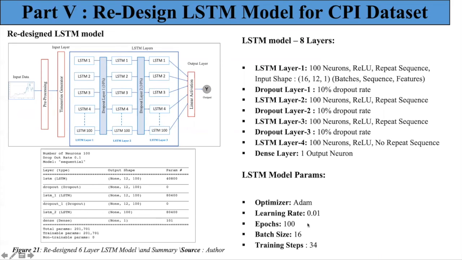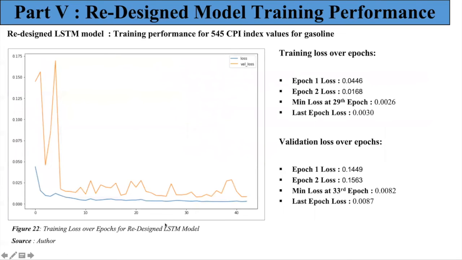Adam optimizer, default learning rate, and we'll again train for 100 epochs, but the training will stop based on the early stopping callback method. And we plotted the training and validation loss. As you can clearly see, even though I specified 100 epochs, the training actually stopped at almost the 43rd epoch.